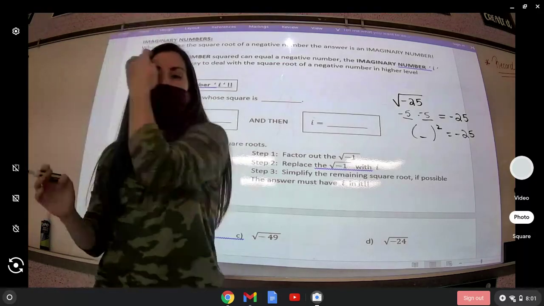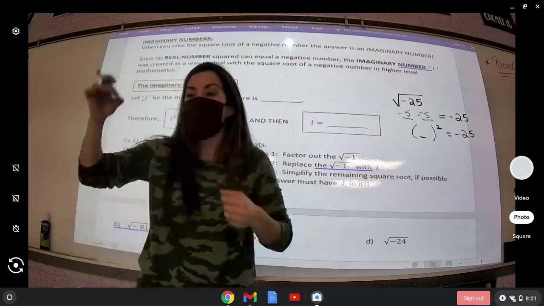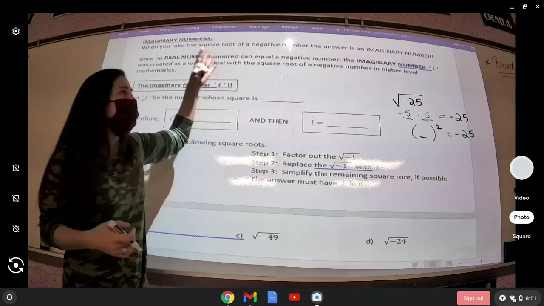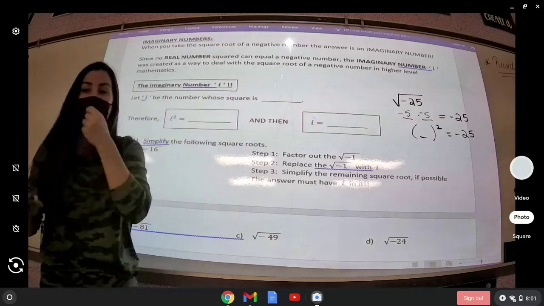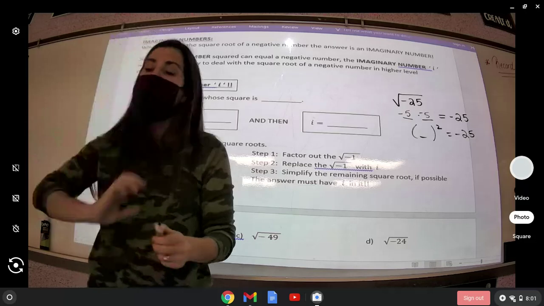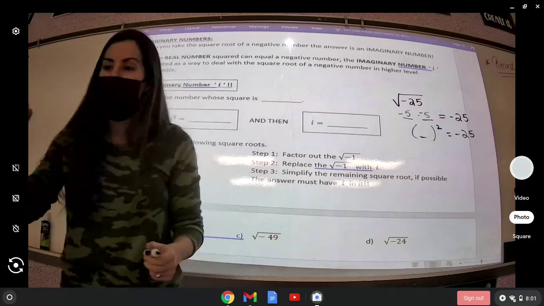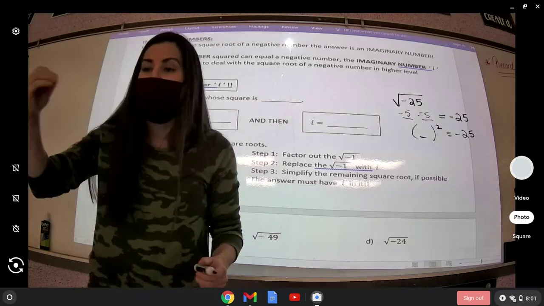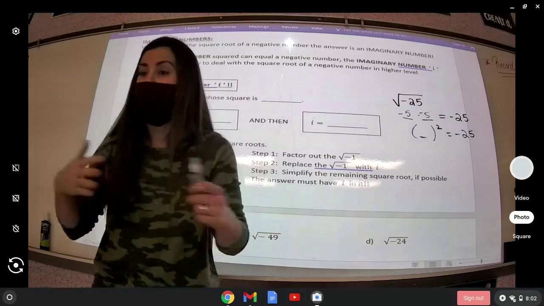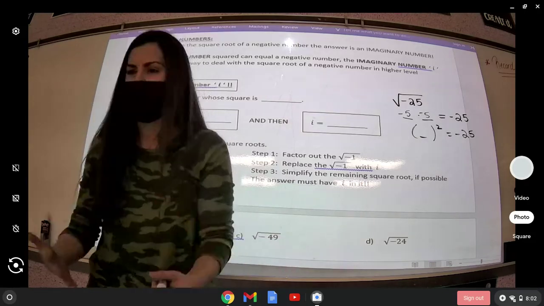You cannot square a real number and have the answer end up negative. So if you try to take the square root of a negative number, you don't get a real number. You get an imaginary number, because there is a need in upper level math to take the square root of a negative number. But we have to remind ourselves that it's not a real number that we get, it's an imaginary number.